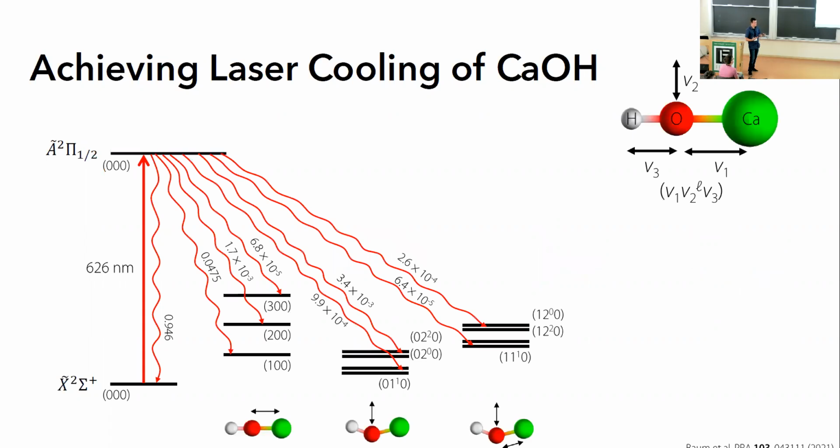If you look at what fraction of the population decays into these various internal degrees of freedom, you find that they're still quite suppressed, in the sense that in order to scatter about 10 to 100,000 photons, you only need to worry about on the order of 10 states or so, not thousands of states.